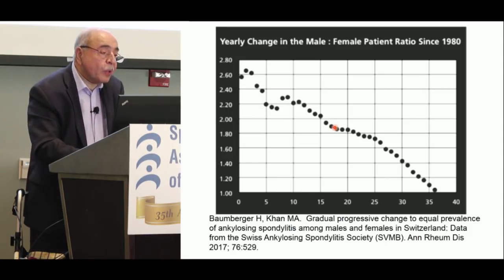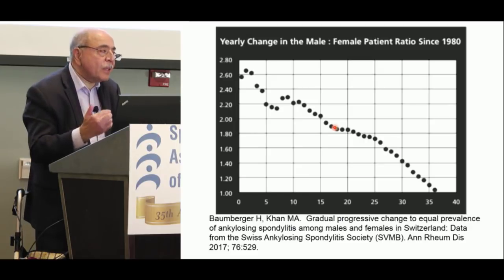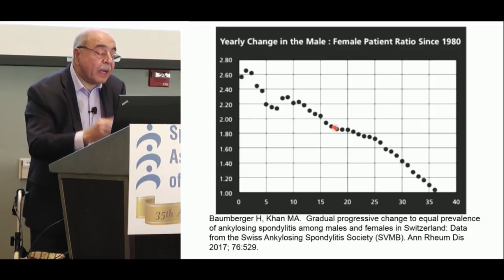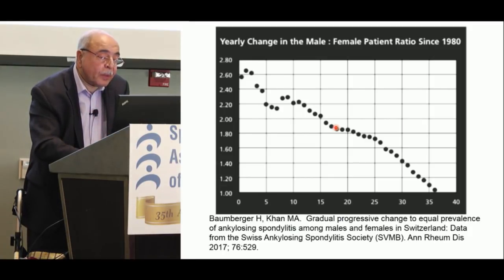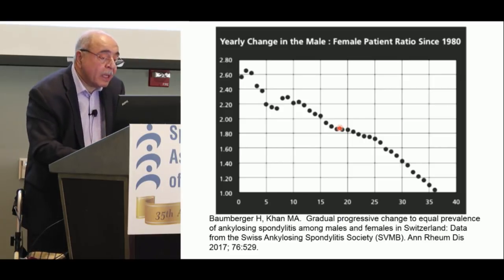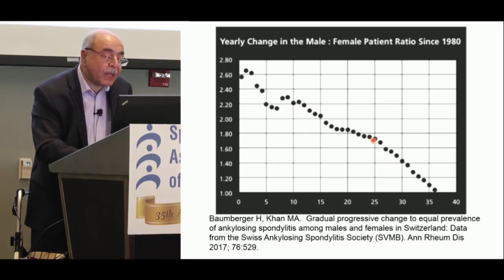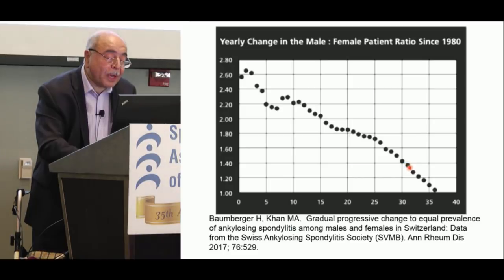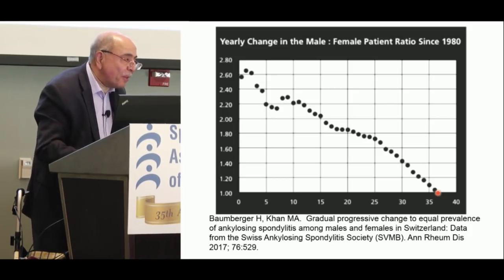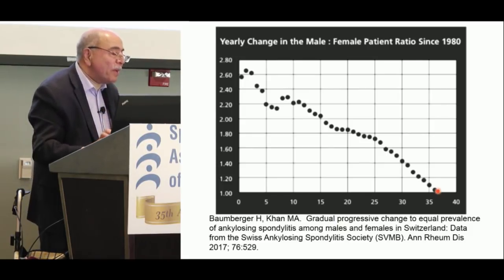So with the use of imaging, such as MRI, even when X-rays are normal, one can confirm or make a diagnosis of this disease, although then it would be called non-radiographic axial spondyloarthritis. So with better understanding of the spectrum of illness, you notice the ratio kept going down and down. By December 2016, the ratio between males and females was 1.03 in favor of men. Okay, so equal prevalence of the disease.